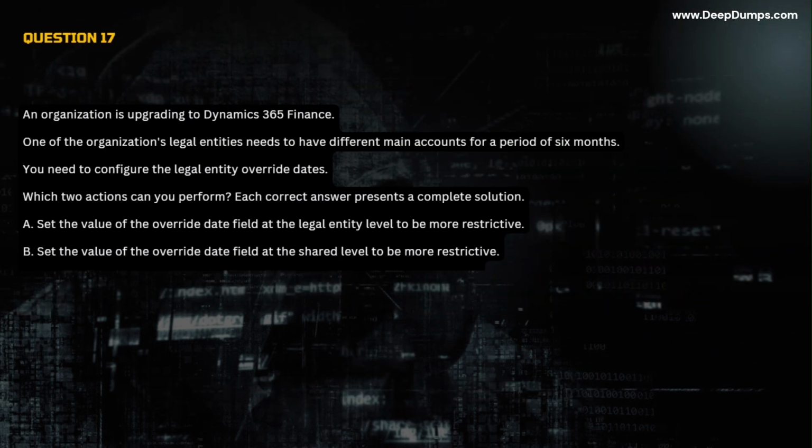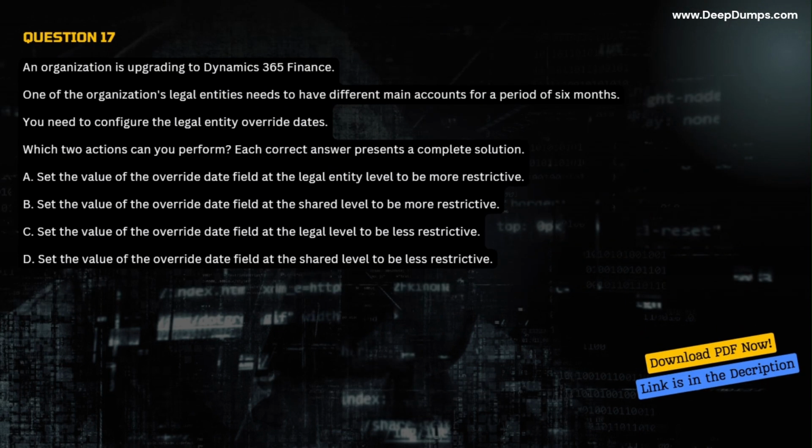Question 17. An organization is upgrading to Dynamics 365 Finance. One of the organization's legal entities needs to have different main accounts for a period of 6 months. You need to configure the legal entity override dates. Which 2 actions can you perform? Each correct answer presents a complete solution.